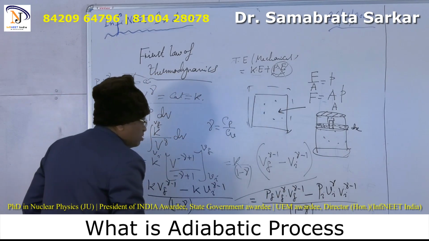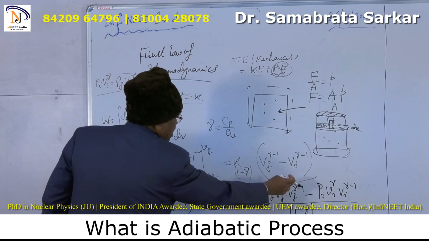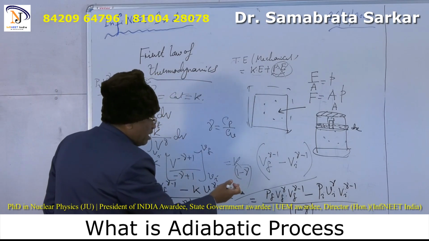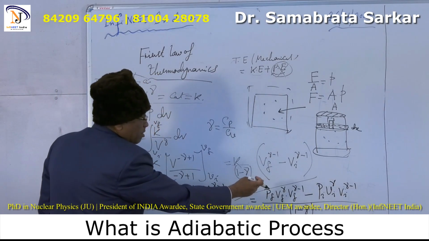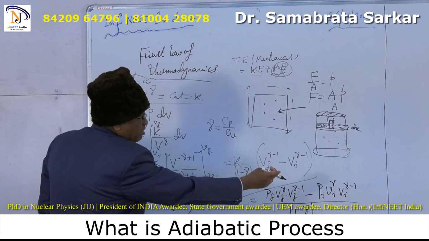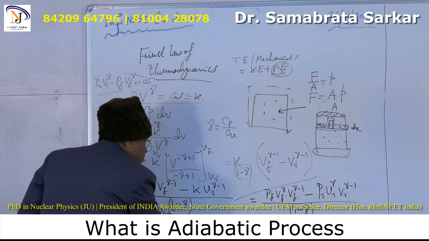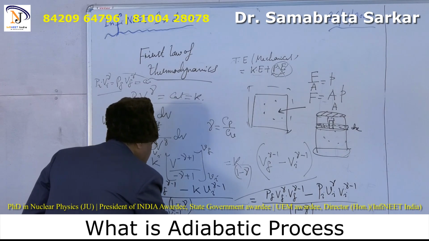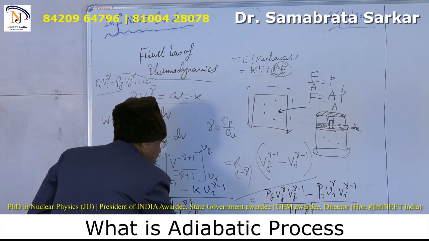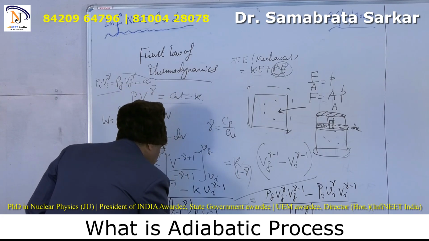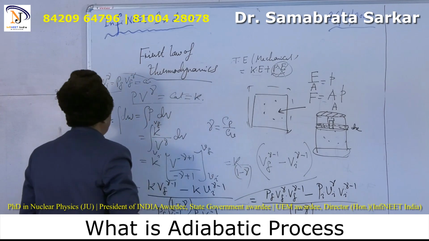V gamma will cancel out. Okay? What you are getting here is Pf Vf minus Pi Vi, divided by 1 minus gamma. This is the work done in an adiabatic process.